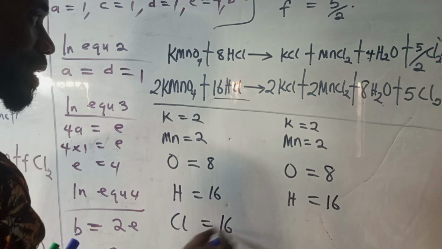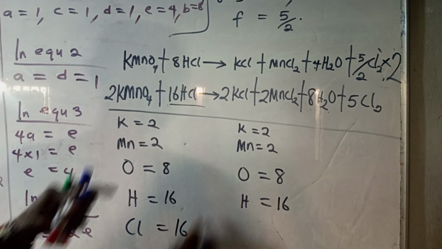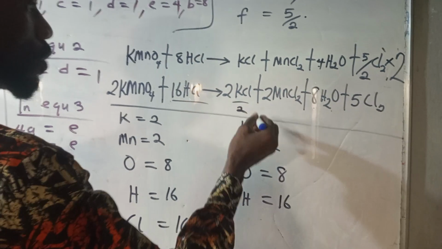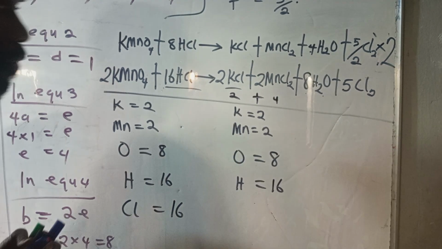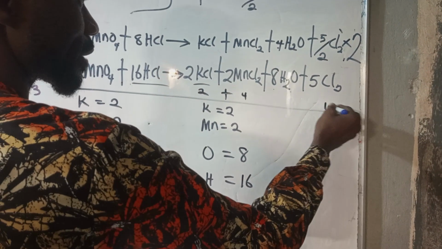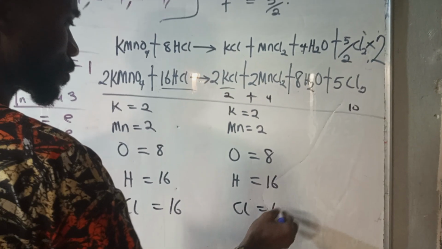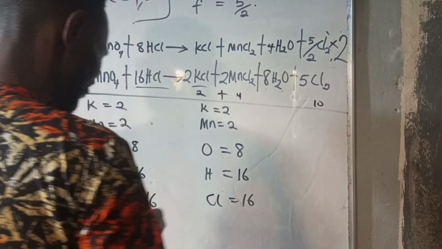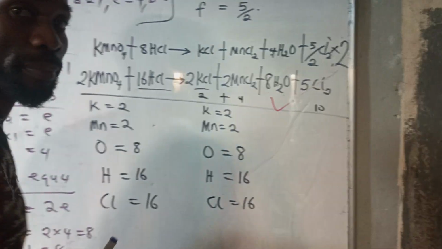While on the other side, I have 2 chlorine here, then here I have 2 times 2, which is 4. So 2 plus 4 is 6, while here I have 2 times 5, 10. So 10 plus 6, that is 16. So chlorine is equal to 16. So this is the balanced chemical equation for that particular problem.